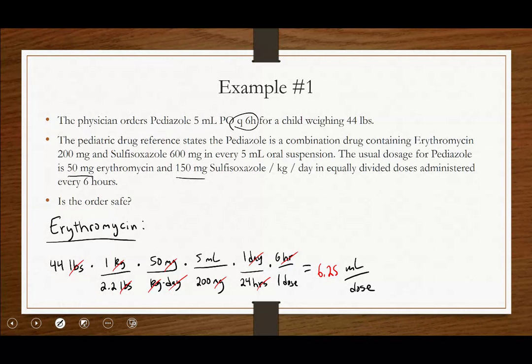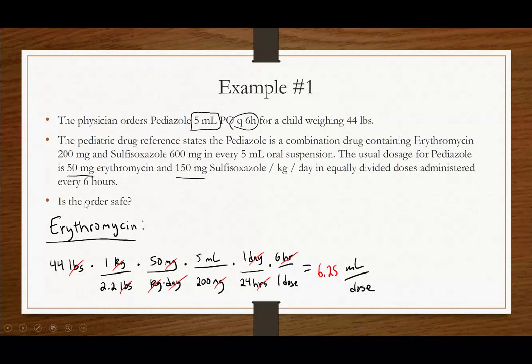So the amount of erythromycin in this case does look to be safe. We're going to administer, in this case, only 5 milliliters. So it happens to be under the recommended maximum for erythromycin.